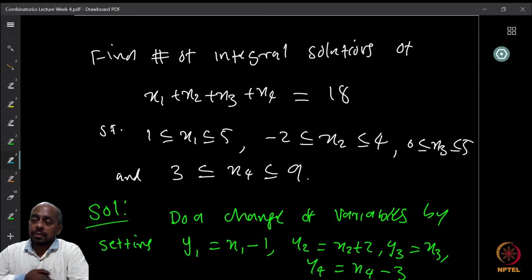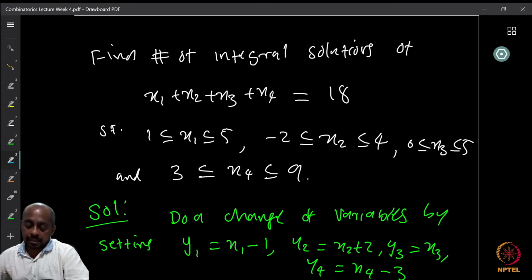So now how do you look at something like this? You think for a few minutes, you can see that a very simple change of variables will help you change the format to something that we already know, at least partially.